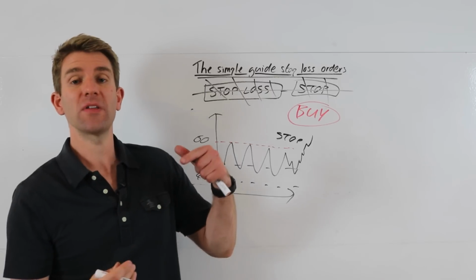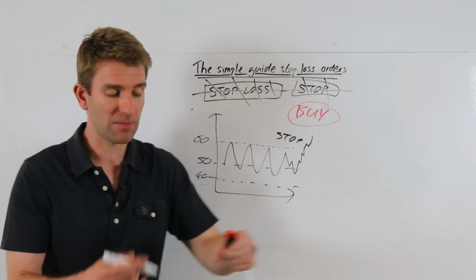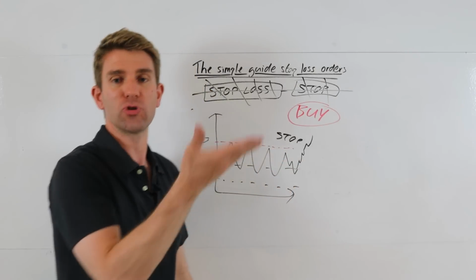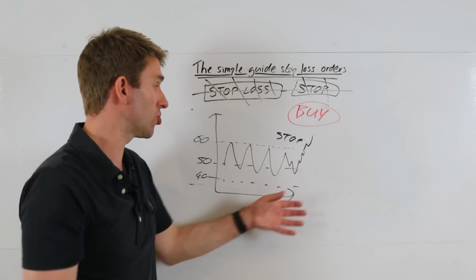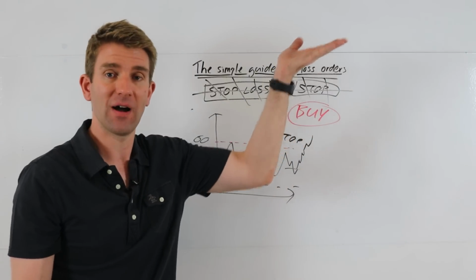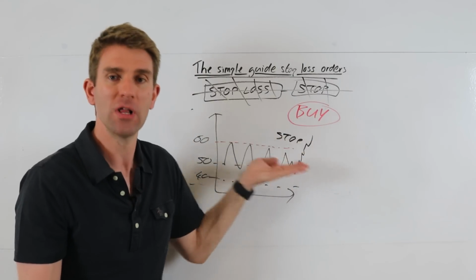We're putting in an order that says, if the market gets to this position, then please buy me some. And that happens to be a stop order, because if we were already short, it would stop our loss. But in this case, because we're not sure, we want to get long into the position as it goes above a high. It would just enter us into the market long, and we would have a net long position there.